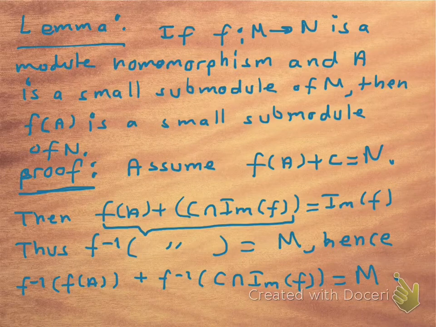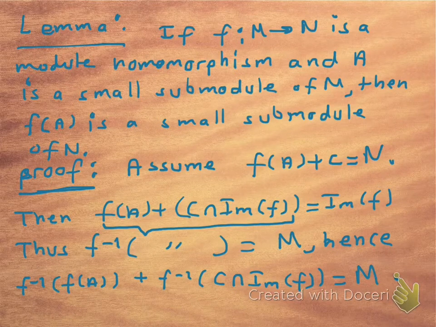We did this because in order to pass to the module M without losing anything in the sum, we needed to have everything contained in the image. So it's an easy exercise to show now that when you take the inverse image with respect to F of both sides, the inverse image distributes over the sum on the left side of the equality, as you see on the last line.